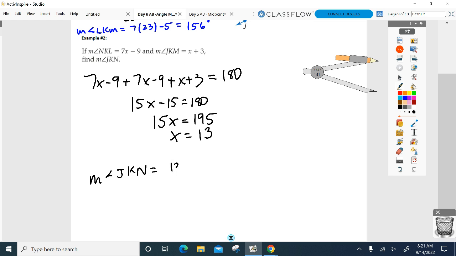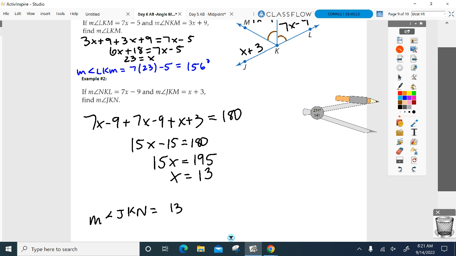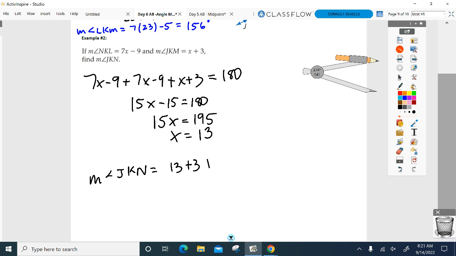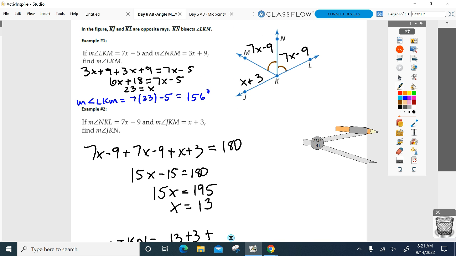So I got to go 13 plus 3. And then I also have to plug it into 7x minus 9.